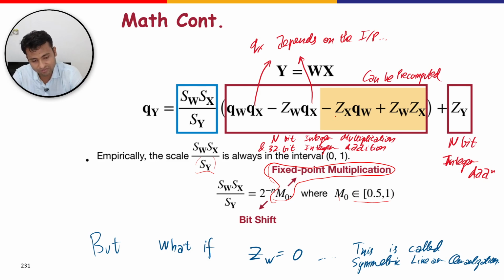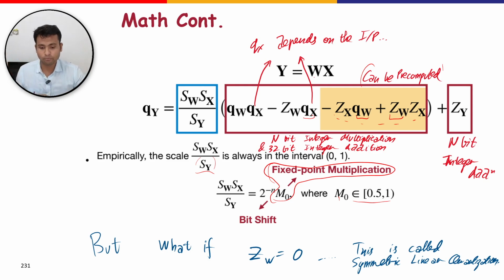And this factor which you see right here, ZX, QW, ZW, ZX, all this can be pre-computed because you already know about your weights. If you're in a certain inferencing process, you know the weights completely. So you know your QW, you know your ZW. What you're not aware of is the QX, because that is coming from the input.